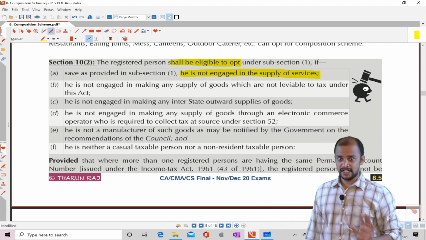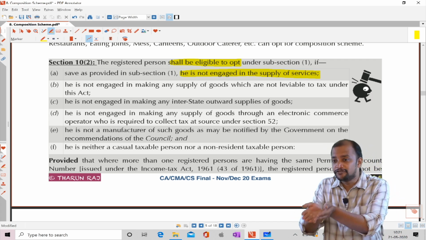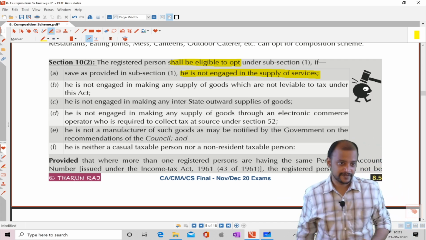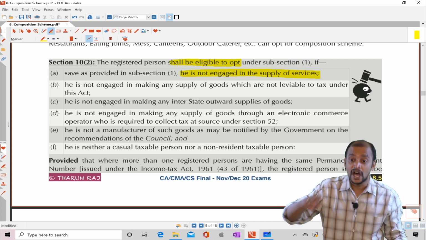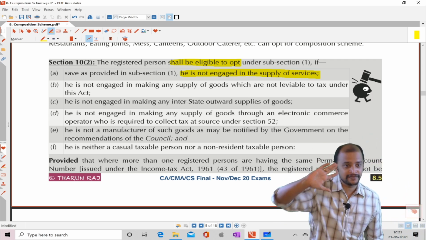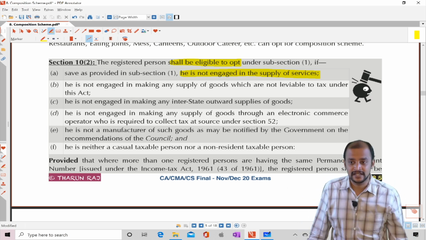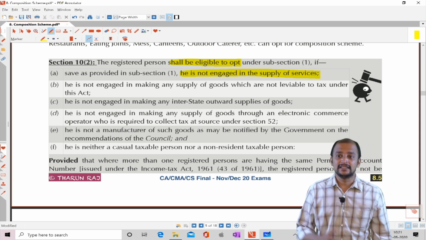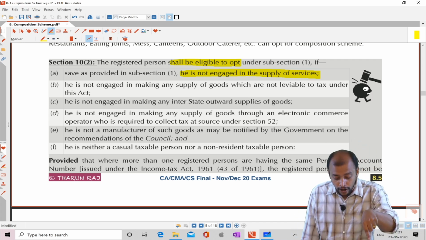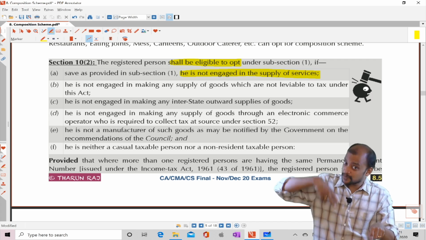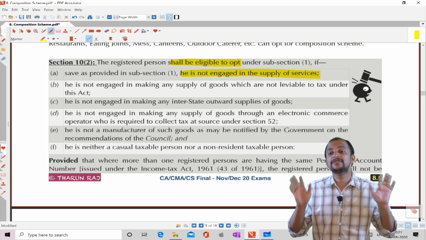As per subsection 1, they can render services which is supply of food, no doubt in that. Second, they can render some other services up to a limit. That limit is also given. Beyond that, they cannot render services. If they render services, they cannot opt for composition scheme. Shall be eligible to opt if, save as provided in subsection 1, not engaged in supply of services.